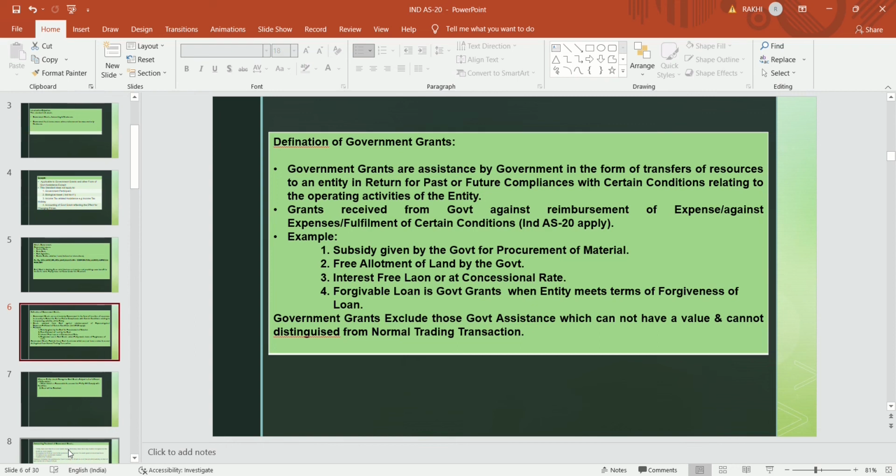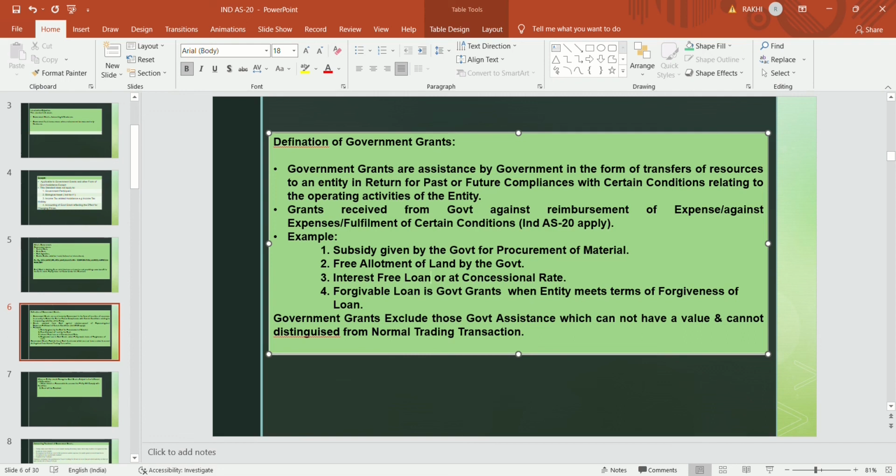Interest free loan, if the government is giving an interest free loan or a loan at a concessional rate, like the market rate is 10% and the government is giving it at 4%. Forgivable loan, like if you fulfill the condition, I will forgive your loan. I will not demand repayment from you.